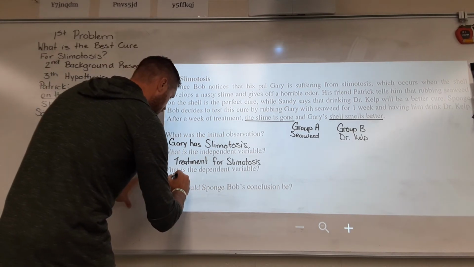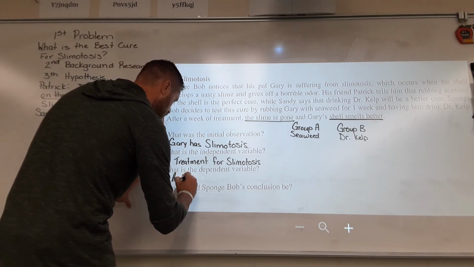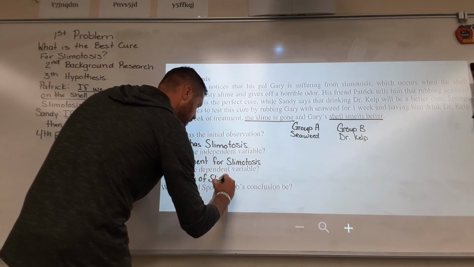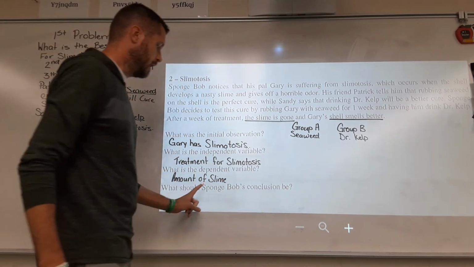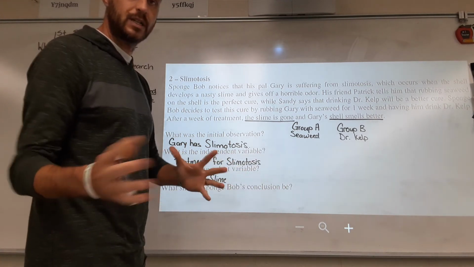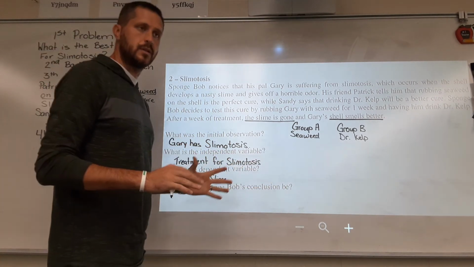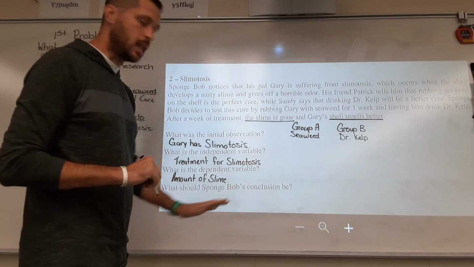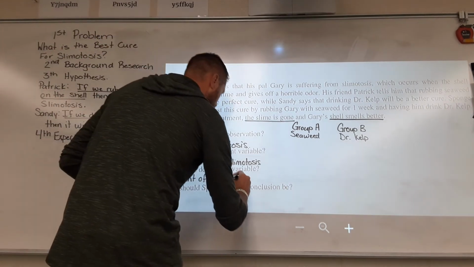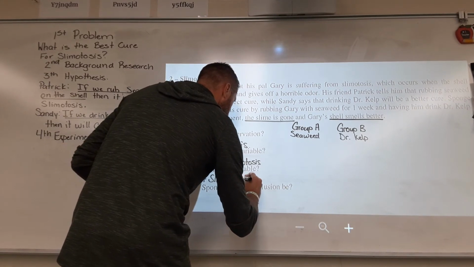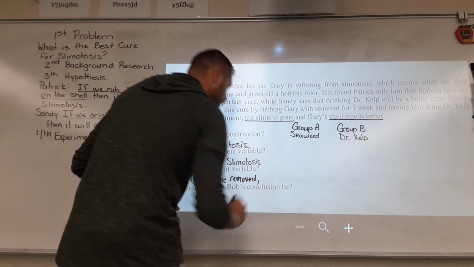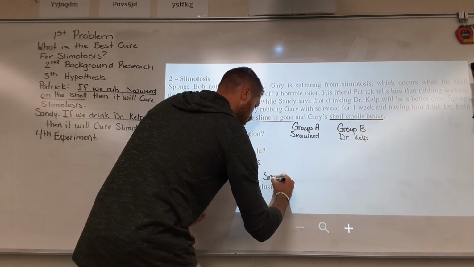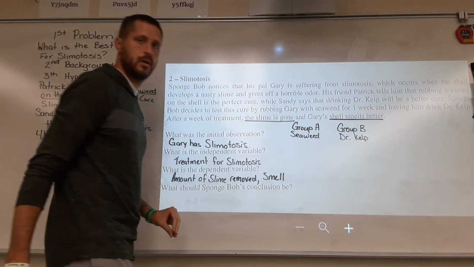We could say amount of slime, right? So we're looking at how much slime is left versus how much slime is gone. So then a removed slime. So we're going to measure the amount of slime. We could say a measured amount of slime removed. And we're also going to measure smell. So we kind of have 2 dependent variables here.